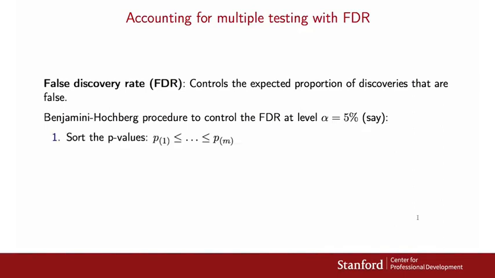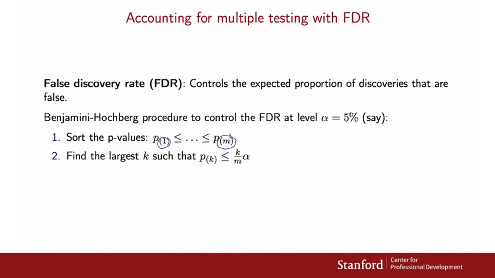First, you sort the p-values. So you look at the smallest, which is p with a subscript of 1 in brackets, up to p(m), which is the largest p-value. So this is simply a sorting of the p-values according to their size. Next, you look at the largest number k such that the k-th smallest p-value is not more than k over m times alpha.